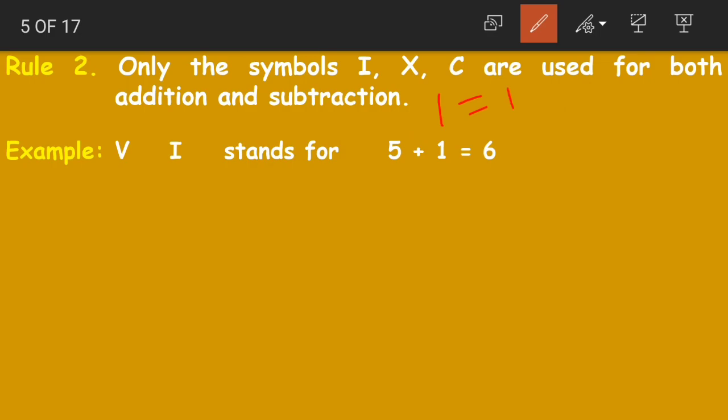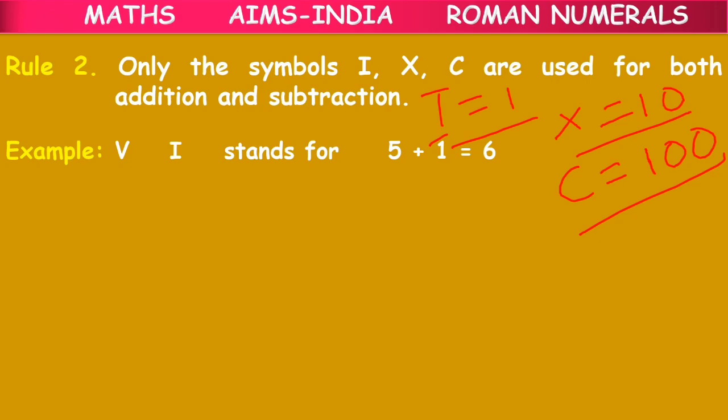I is equal to 1, X is equal to 10, C is equal to 100. What are they saying? These 3 symbols are used for both addition and subtraction. We can either add these symbols or we can subtract them.